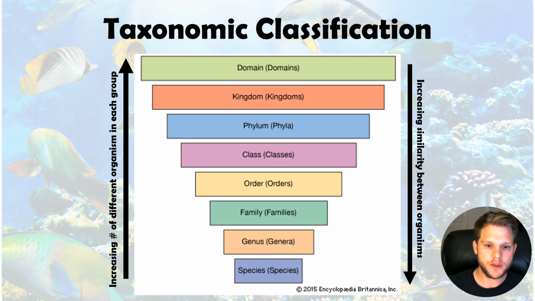So, as you go down the arrow on the right, organisms become more closely similar. They become more alike. But on the other hand, as you move up, there are more and more organisms. So when we're talking about something at a phylum level, there are, depending on the phylum you're looking at, hundreds of thousands of organisms that can be in there.